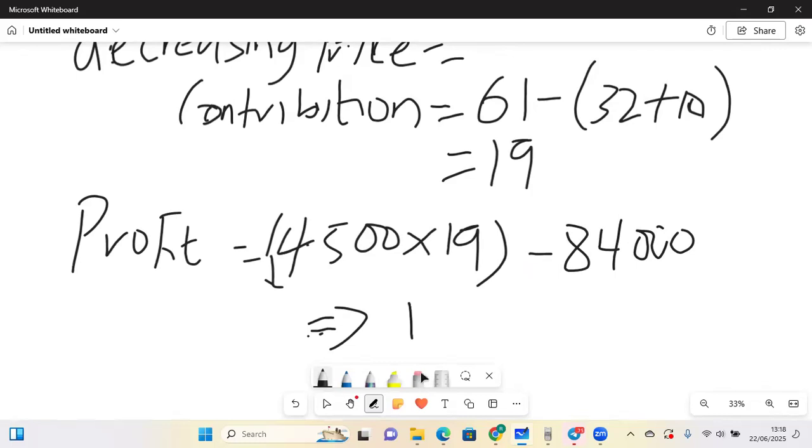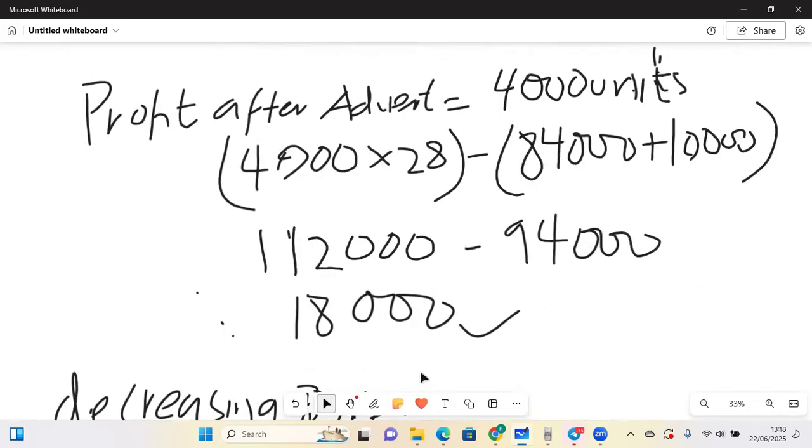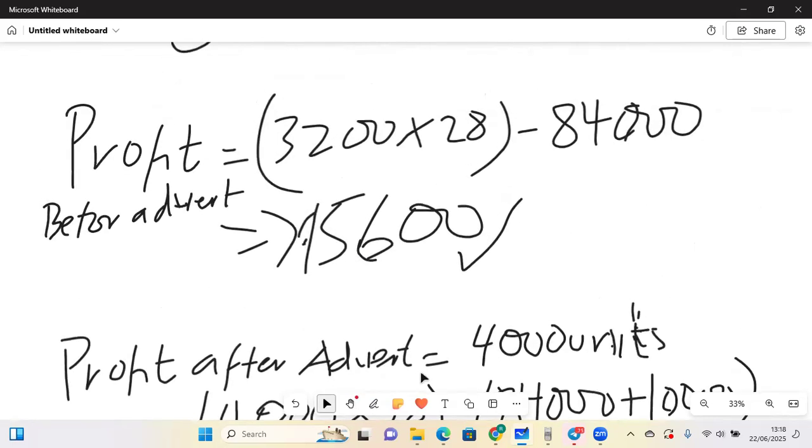Let's see, 1,500. If it were you, how will you feel? Will you tell Menaya to reduce price, or at least to maintain the old price? Because see, reducing price has brought profit down to 1,500, whilst maintaining the old price would have kept profit at 5,600.